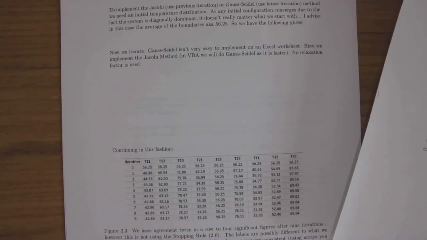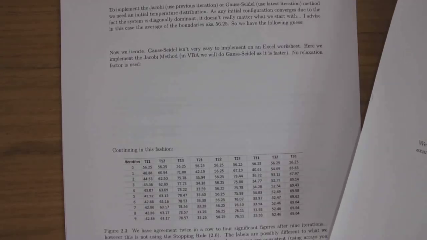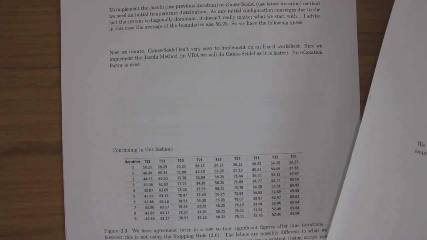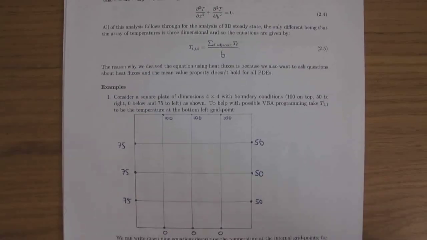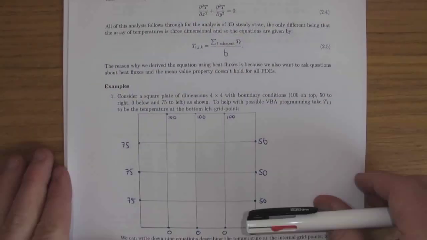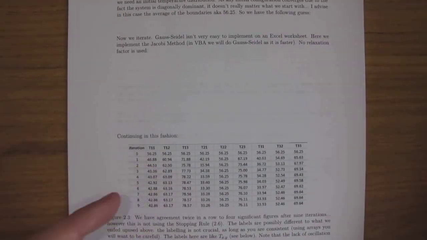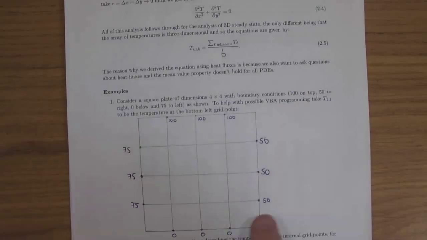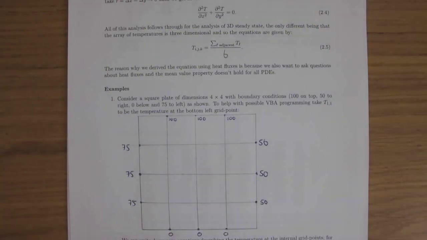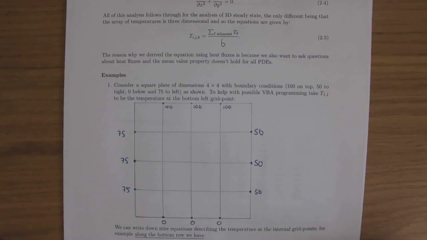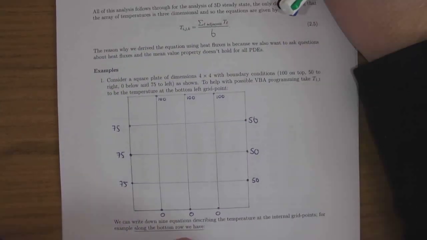The issue is I've got some output on the next page, and I want the labeling to be consistent. You can label however you want, you could just do T1, T2, T3, T4, T5, T6, T7, T8, that's absolutely fine, but to be consistent with what's going on, we'll use something else.